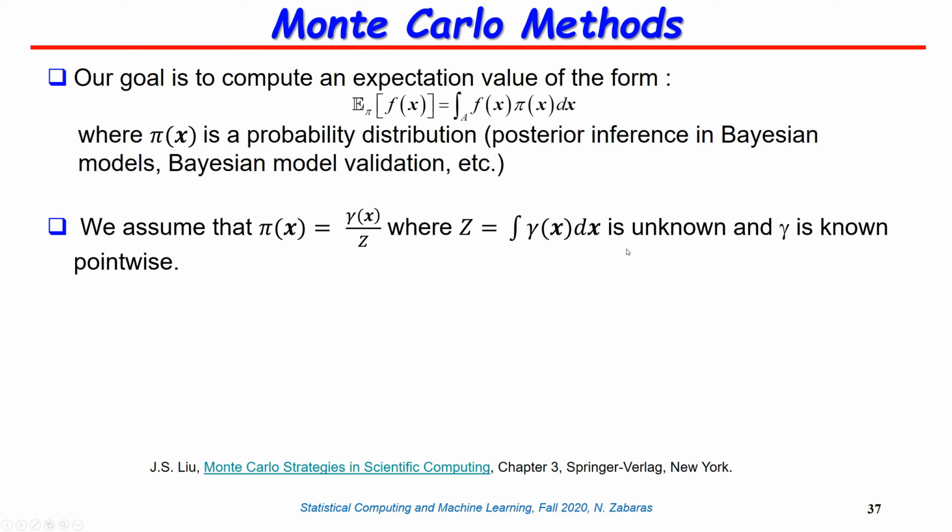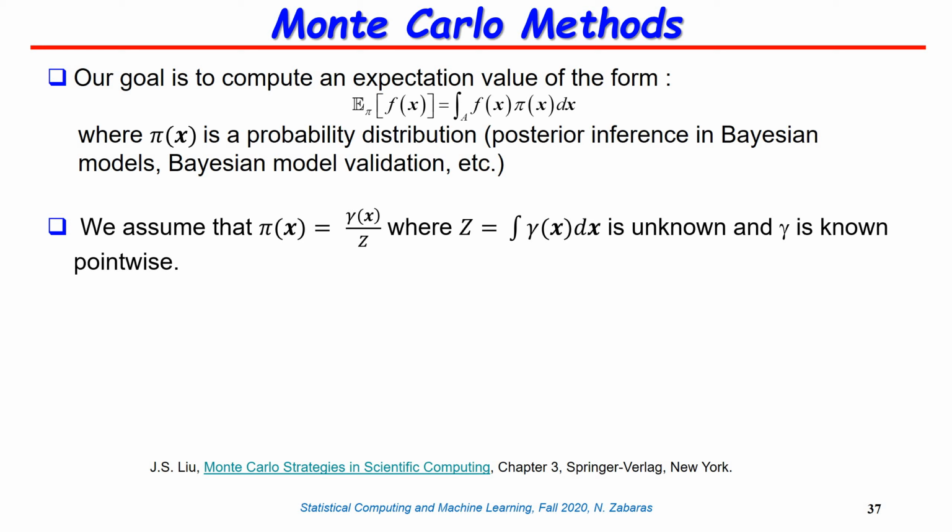Z again is the normalization factor, and we're assuming, of course, that Z is difficult to compute, so we will hope that we don't need to know what Z is. As a matter of fact, we will hope that we will be able to compute Z with Monte Carlo approximations.